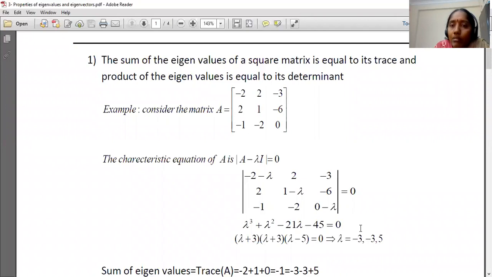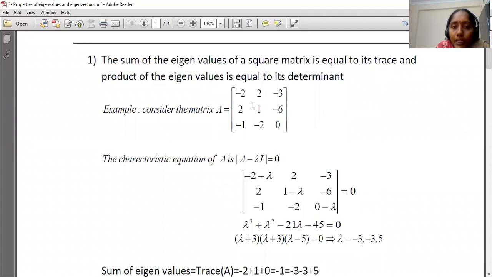Trace of A is equal to the sum of the eigenvalues. Sum of the eigenvalues means minus 3 minus 3, that is minus 6, plus 5, which is minus 1.